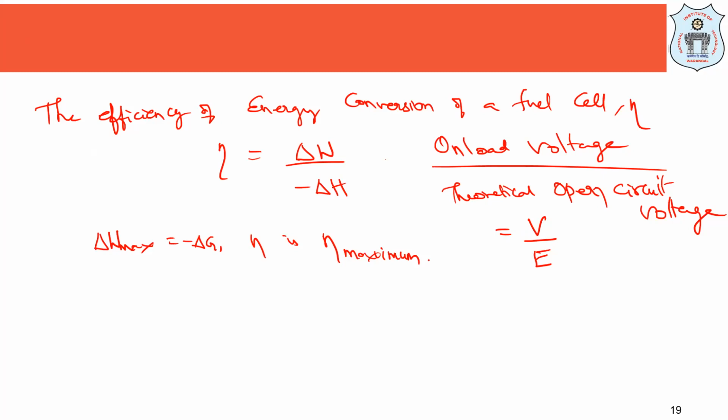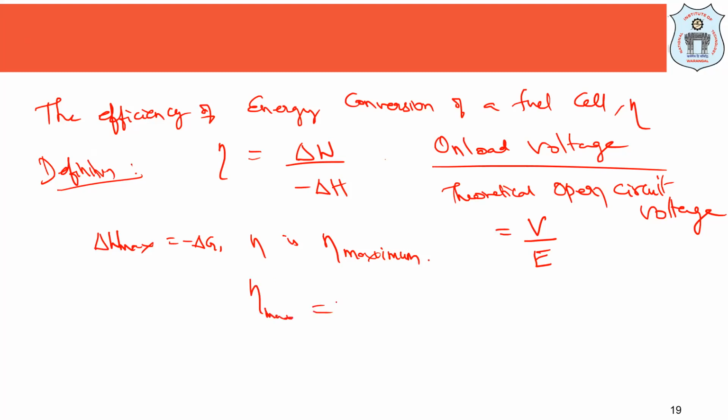So both ways we can define this, this is the definition of efficiency of energy conversion of a fuel cell. So we can write eta max, efficiency maximum.